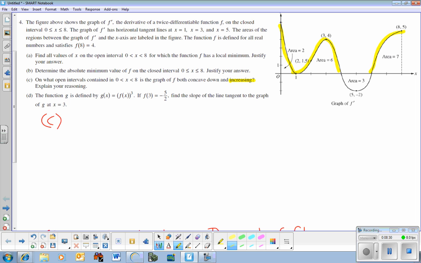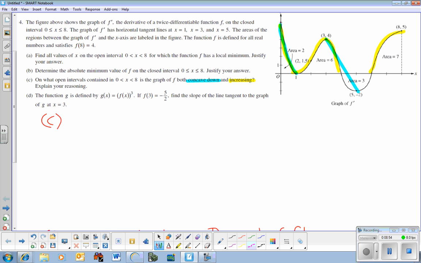So in blue, I'm going to highlight all the places where this thing's decreasing. It's decreasing there, and it's decreasing here, and then it increases the rest of the way. All right, so the overlap, the green is my answer, because the yellow means f is increasing. The blue means it's concave down.